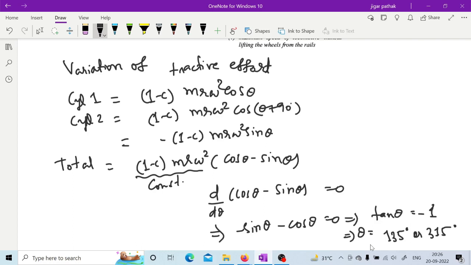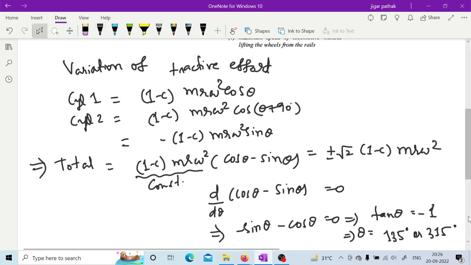Once you put the value of this theta into the equation of the total variation of tractive effort, while putting theta equal to 135 or 315, you will get finally plus or minus root 2 (1 minus c) m r omega square. So this can be the maximum value of total variation in tractive effort.